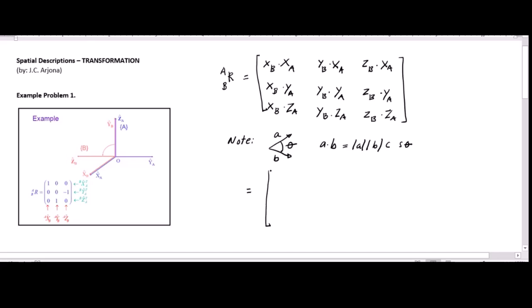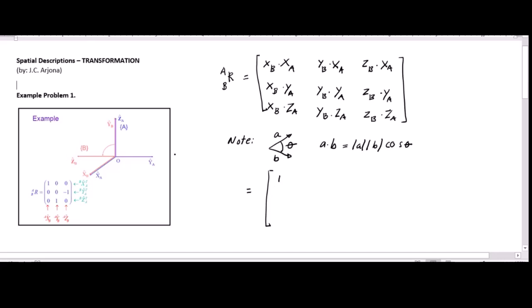To determine XB dot XA, we have to look at XB and XA. Since both are unit vectors directed in the same direction, the angle is 0 degrees, so cosine 0 will be 1.